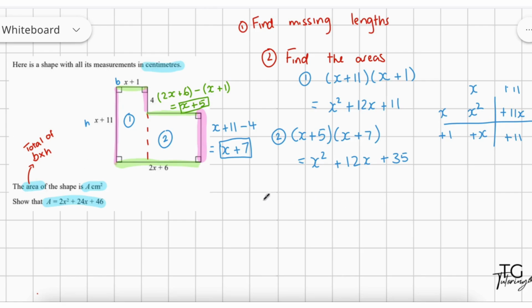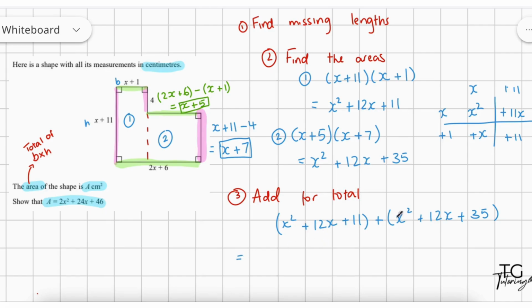Step number 3, we want the total area. X squared plus 12x plus 11 plus x squared plus 12x plus 35. I hope you can see how we will end up with the answer at the end.